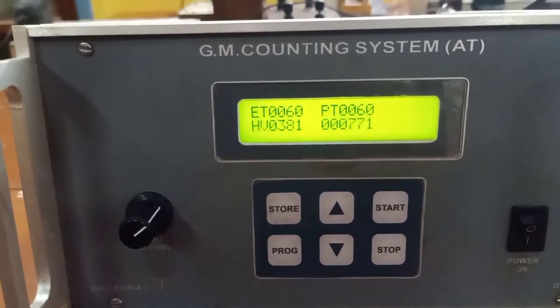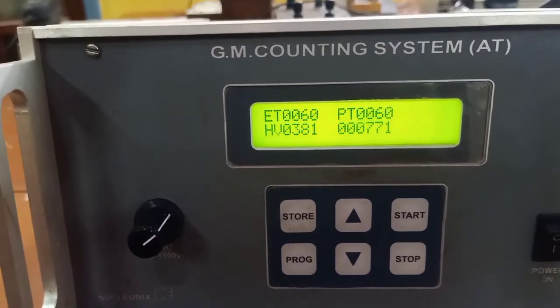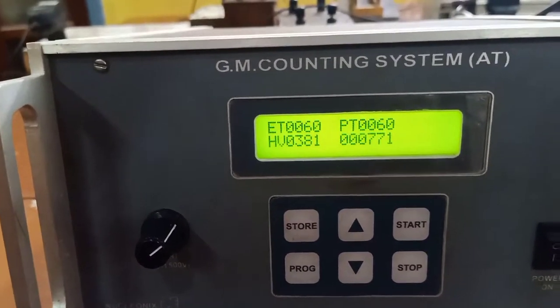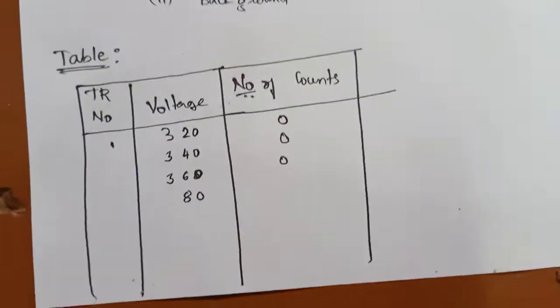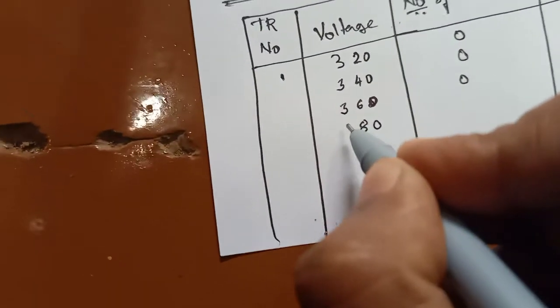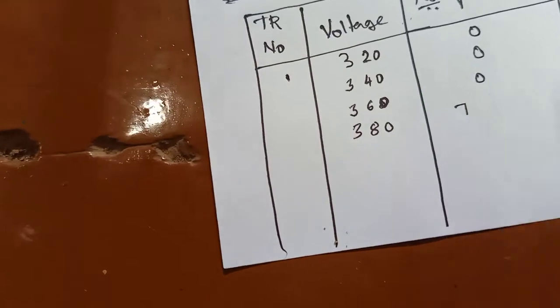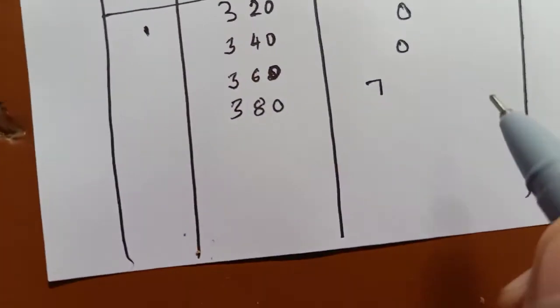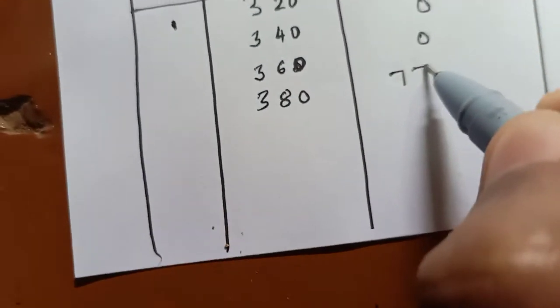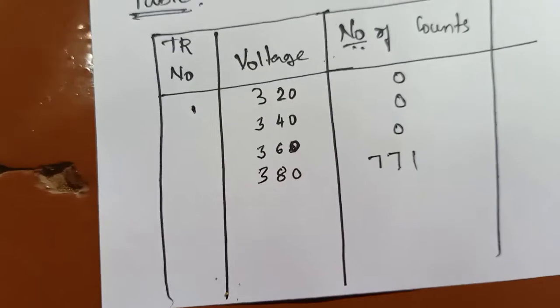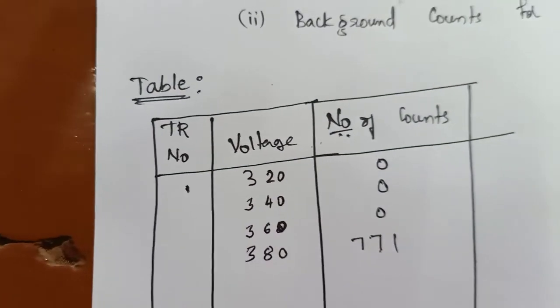There are 771 beta particles counted. So write 380 volts and 771.